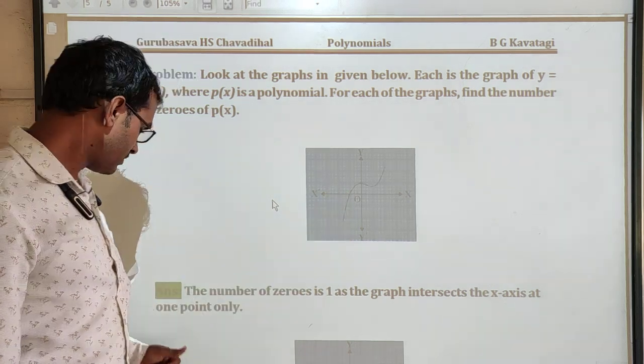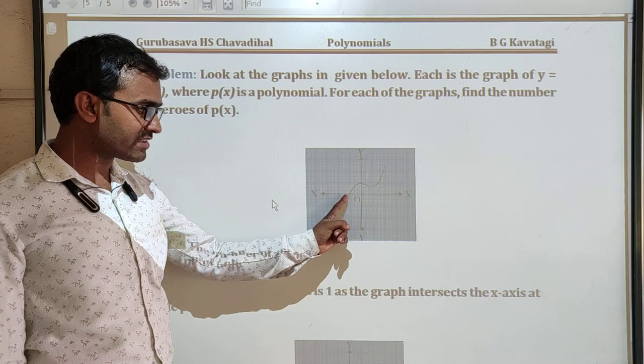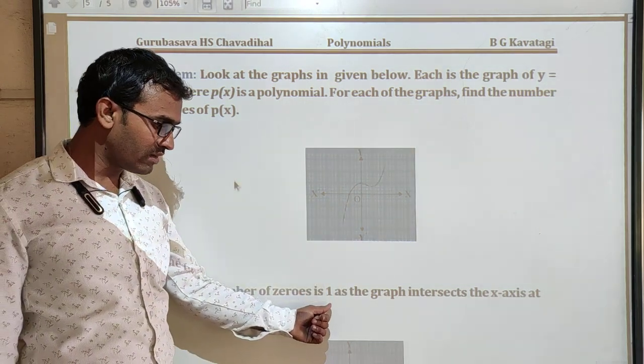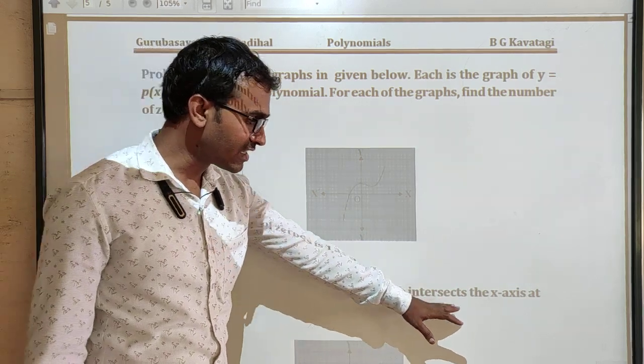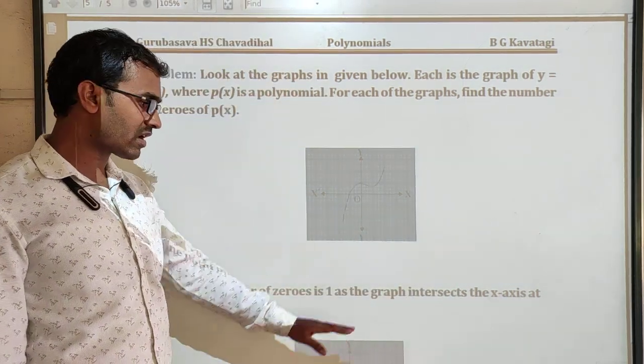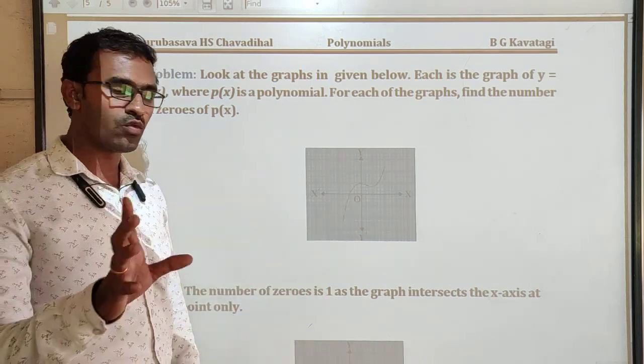Therefore, the number of zeros is 1, because the graph intersects the x-axis at only one point.